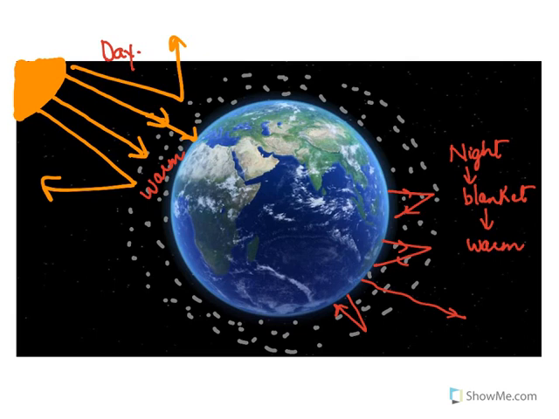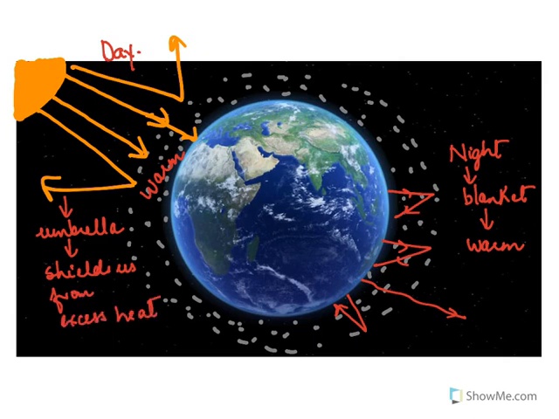And during the day, it acts as an umbrella, and it shields us from excess heat. So this is how the atmosphere plays an important role in controlling the temperature of the earth.